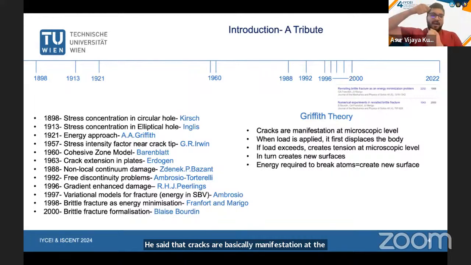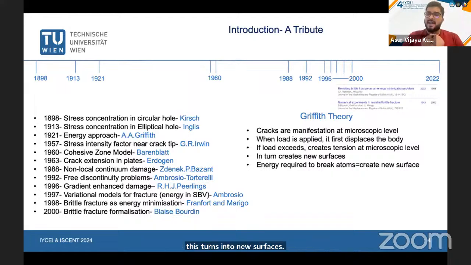When you have a small body and you apply a load, the first thing that happens is that small cracks form at the microscopic level. And if the load exceeds a certain threshold, these turn into new surfaces. So he hypothesized that the energy required to break the atoms at the microscopic level is exactly the same as creating new surfaces.